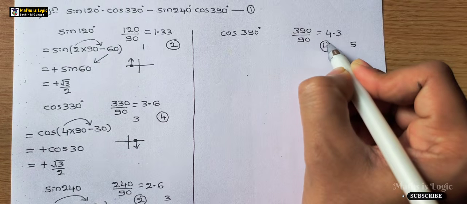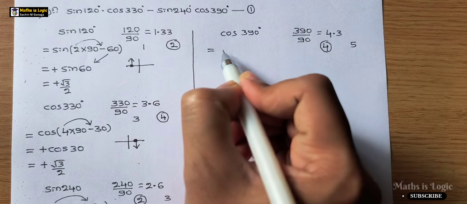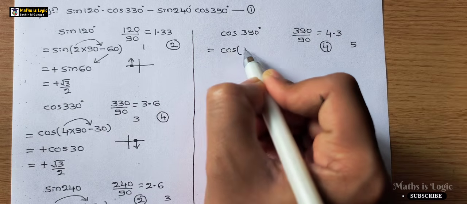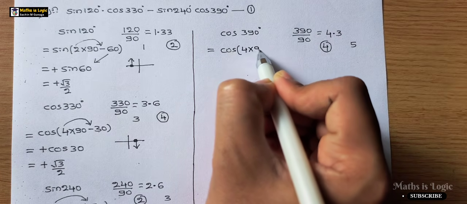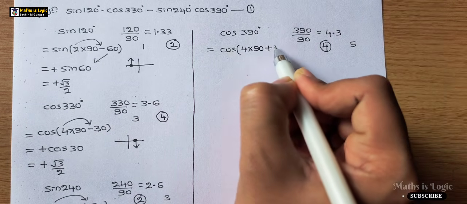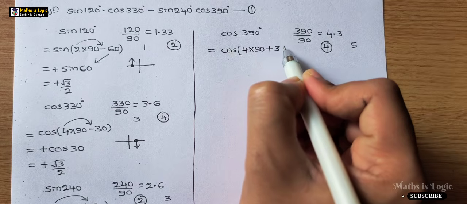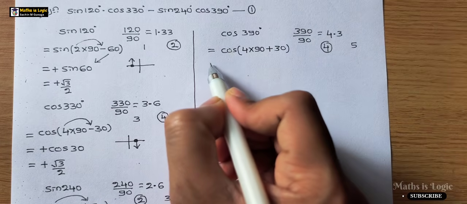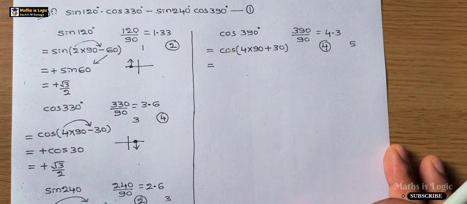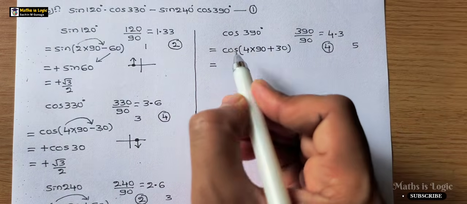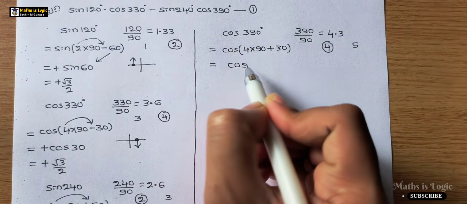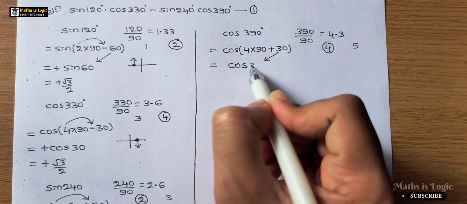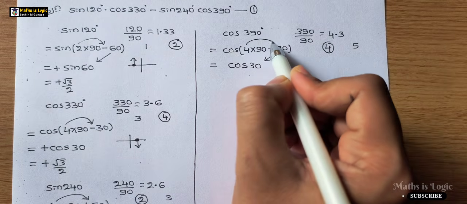Go for which type of number? Even number. So cos, how to write, 4 into 90, 360 plus 30 is 390. Because of even number, cos remains cos, how much degree? 30 degree. Keep it as it is, rotate.